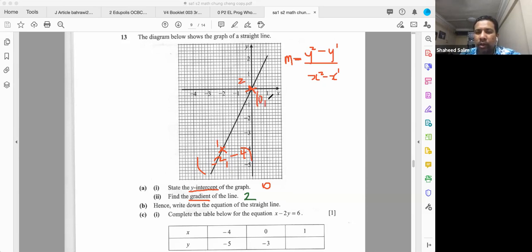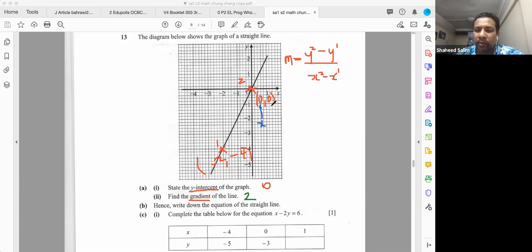Use the coordinates here and substitute inside to find the value. So which one is y2? First of all, I hope you know your coordinates. Every time they give you coordinates, this one is x and the other one is y. I repeat, this one is x, this one is y.